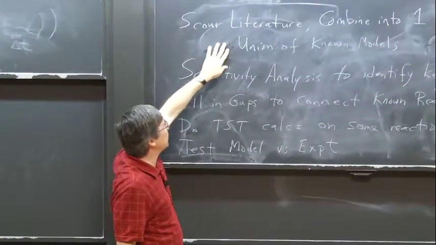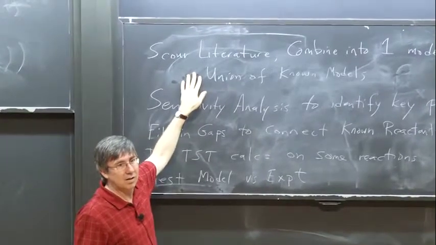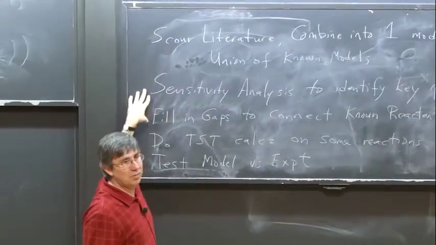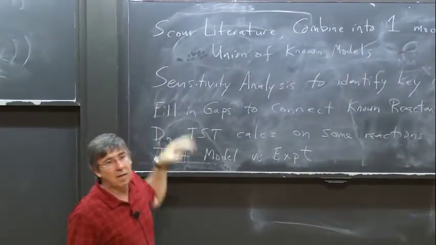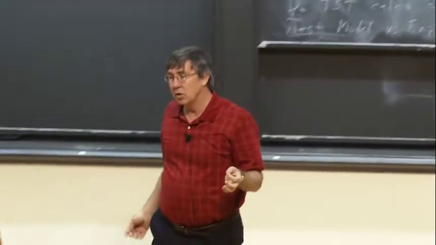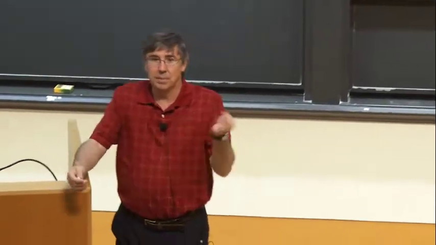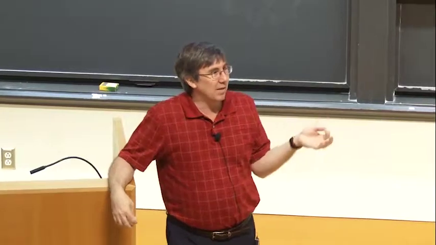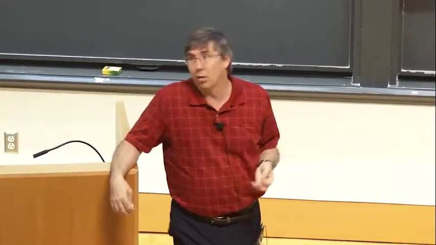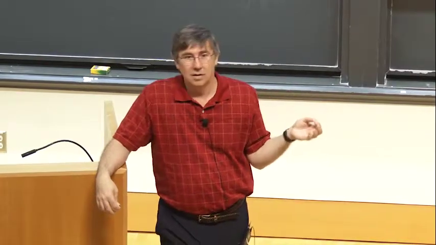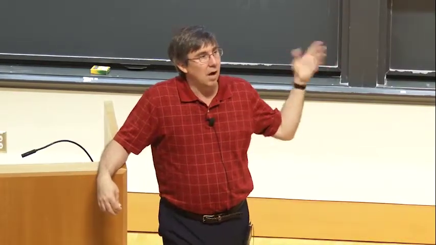Then the obvious thing to do, if you think this model might be good, is to do sensitivity analysis on it and find out what the key parameters are. Then you look up how they got the numbers for the key parameters. You read the papers, and if some of the ways they got the numbers seem fishy to you, then you say, okay, I'll try to calculate this, or I might even try to measure it myself and get a better number. So that's an obvious procedure.